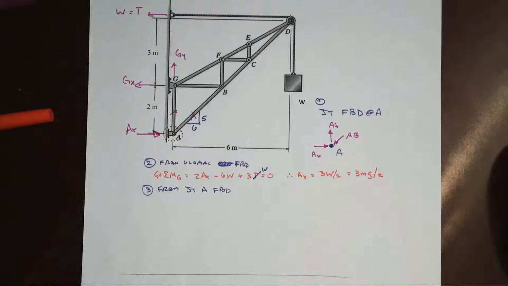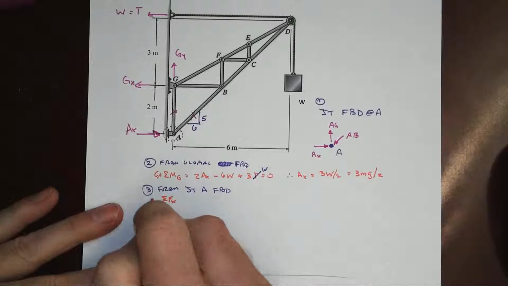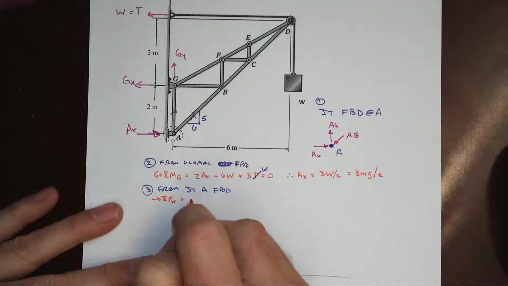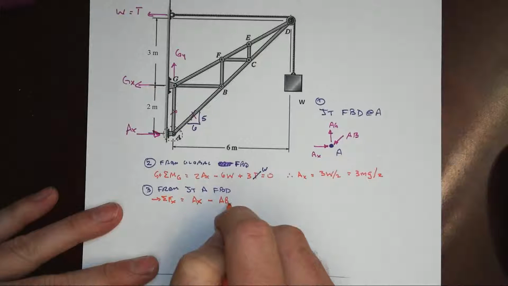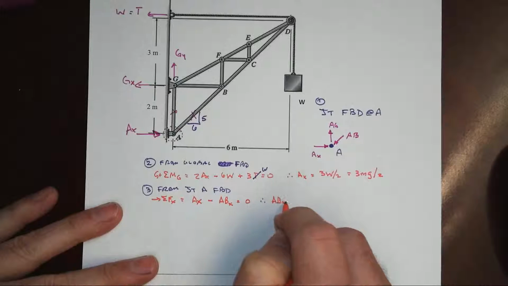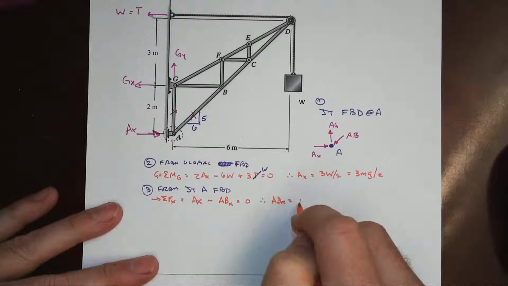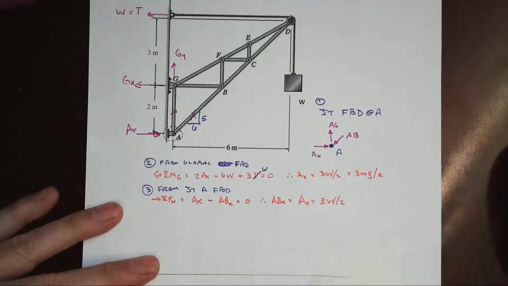then we can write that the sum of forces in the X tells us that we have A sub X minus the X component of AB must be equal to 0, so therefore ABX has to equal A sub X, equal to 3W over 2. We haven't found numbers for that yet.